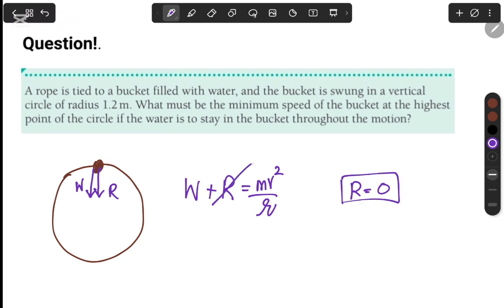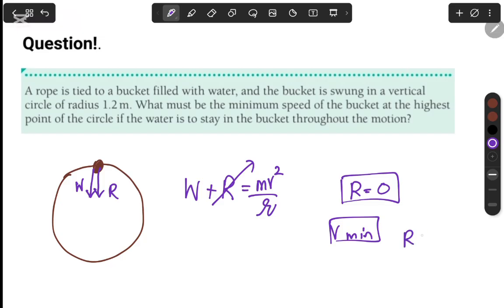When this reaction force is 0, we're going to have V as minimum. So this is going to be the minimum velocity for the water to stay in the bucket in the circular motion.